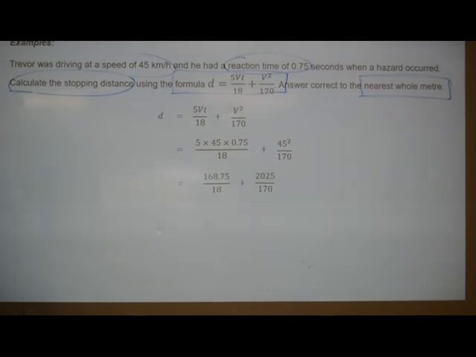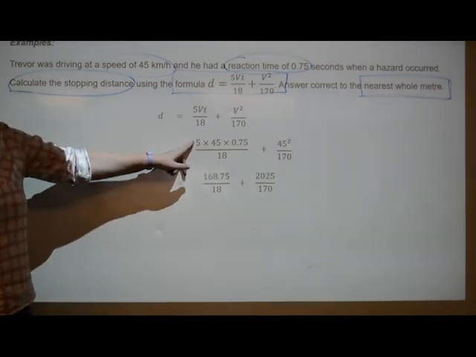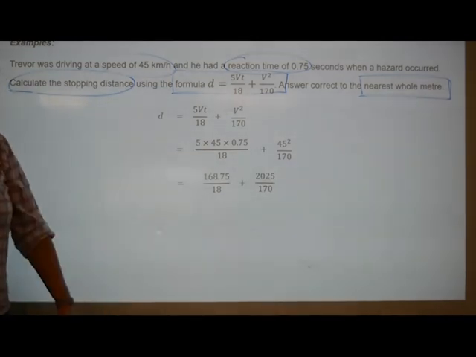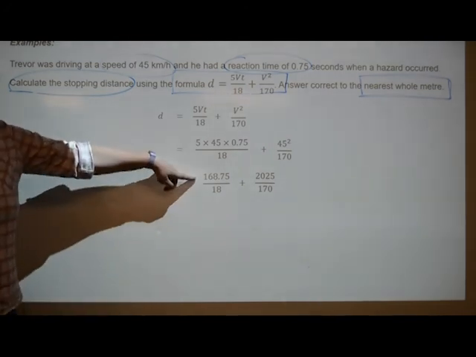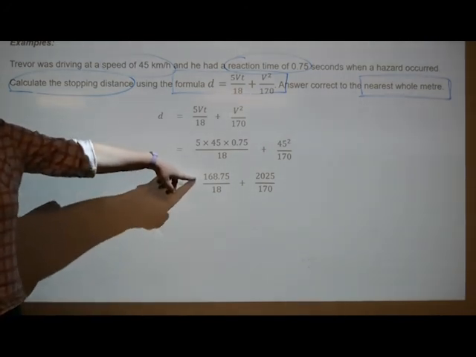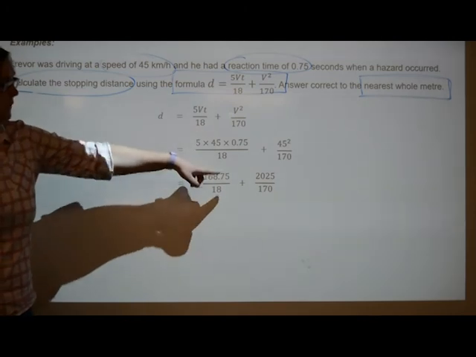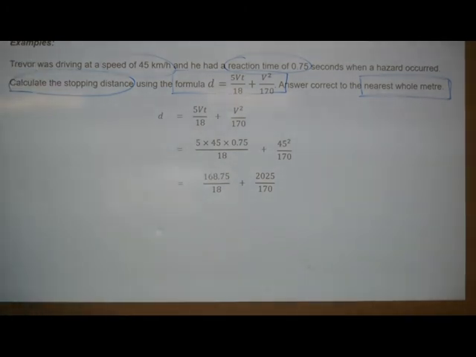So what is 5 times 45 times 0.75? Well, turns out it's 168.75. 45 squared is 2,025. So I've worked that bit out. Then I've worked out my fractions and added these things together.